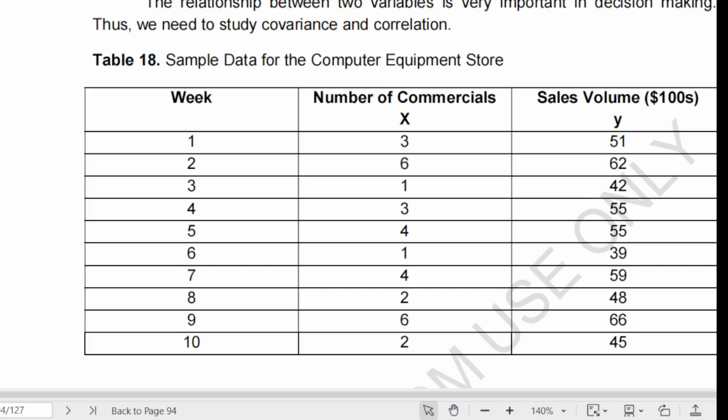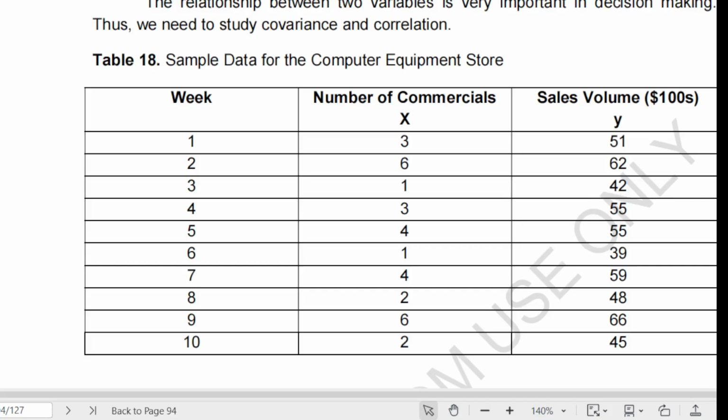For example, in week 1, we have 3 commercials and it produces around 51, that is 51 hundreds. And for week 2, 6 commercials and 62. So we want to know whether, as the number of commercials increases, the sales volume also increases. So we are going to compute for that.